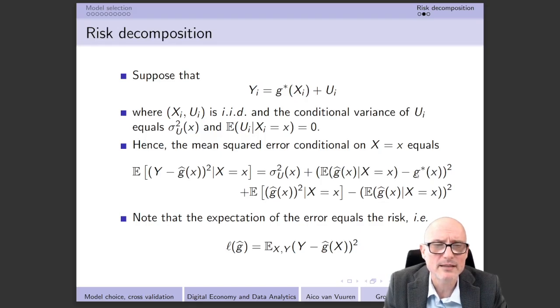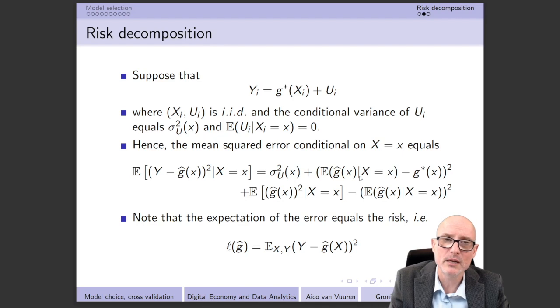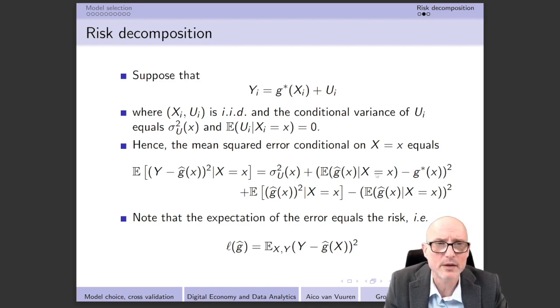So what we can say is that this thing over here can generally be called the bias. This is the bias because the bias is always equal to the mean of our estimator minus the thing that we want to estimate. So this thing over here is in fact the bias. Of course it's the bias squared because we square it over here.